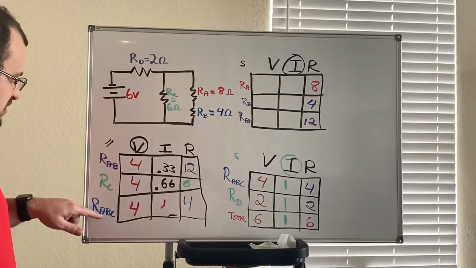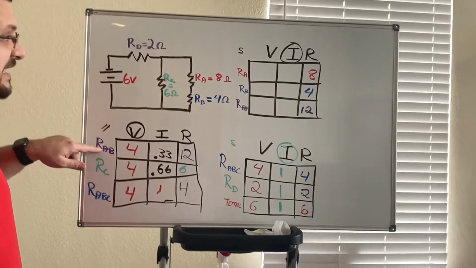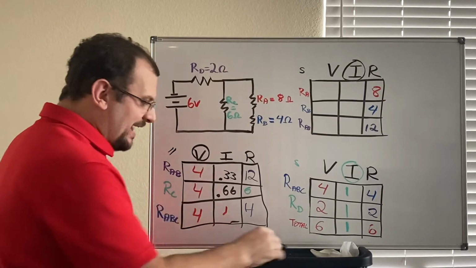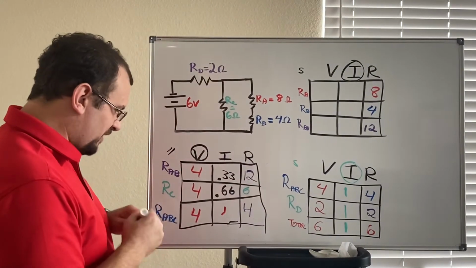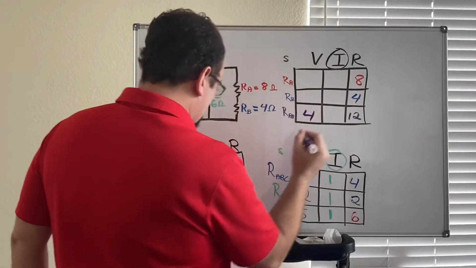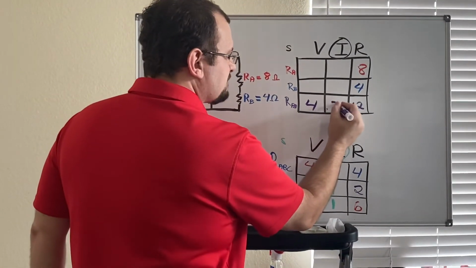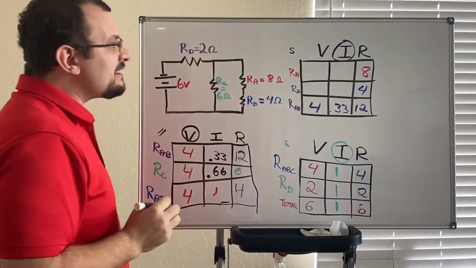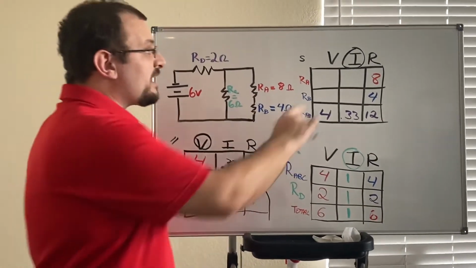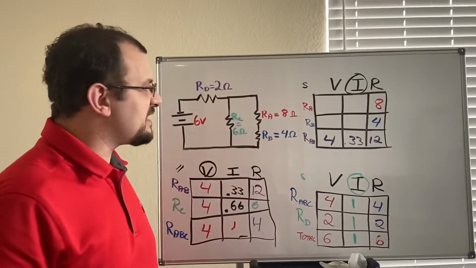Now, this was for resistor AB. Resistor AB also exists over here, so let's go ahead and copy that information over. So resistor AB, so this is 4 and 0.33. And I can look at this and go, hey look, this is a series circuit. I circled I, so the current's the same everywhere.